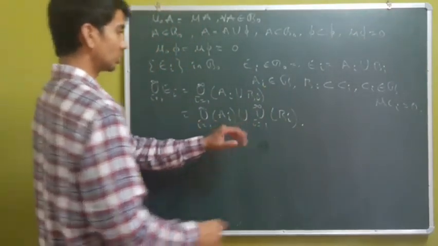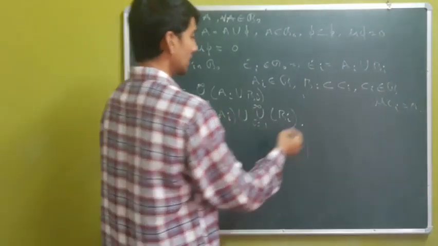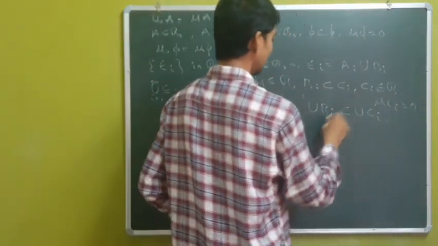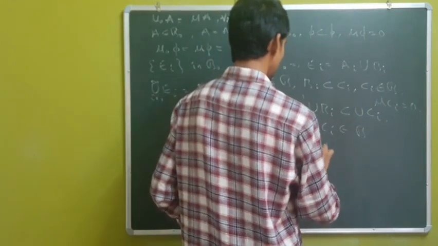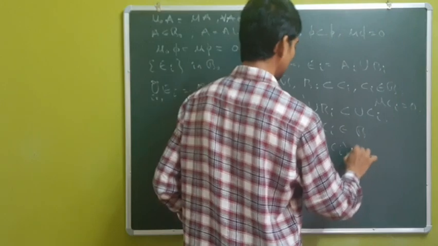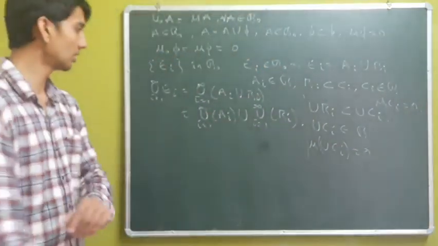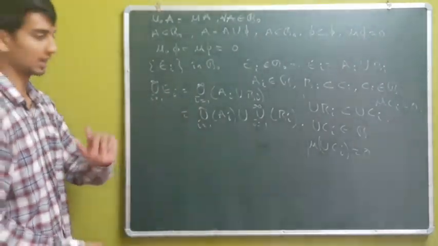And we should note that since B_i is the second set in that union, the union of the B_i will be contained in the union of the C_i, where the union of the C_i is in B, and the measure of the union of the C_i is 0. Since the measure of the union of the C_i is 0, the measure of the union equals the measure of the A_i.